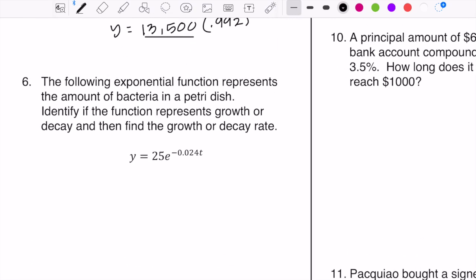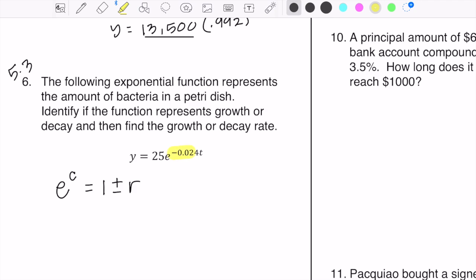All right, the following exponential function represents the amount of bacteria in a petri dish. Identify if the function represents growth or decay, and then find the growth or decay rate. So this is from 5.3, at the very beginning of 5.3, where we learn that e to the c either equals 1 plus r or 1 minus r, and you can figure out which one is growth or decay by looking at this right here.